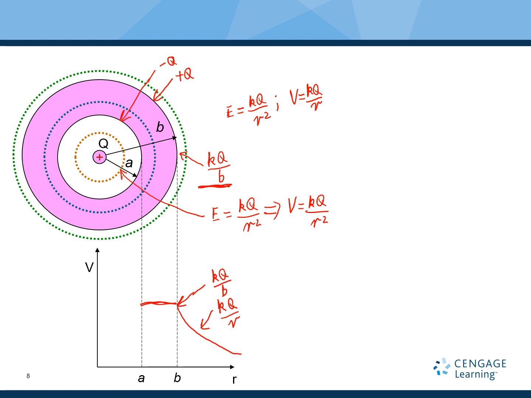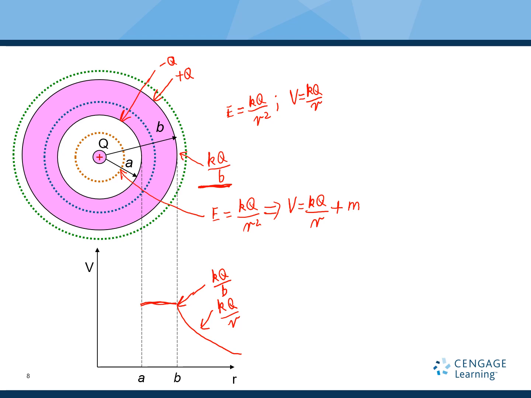Why? Because there is always the integrating constant, which I will denote as M. I'm sorry, I made a mistake; I should have written this as KQ over R. So the potential in between the charge Q and the inner boundary of the shell is given by KQ over R plus my integrating constant, M.